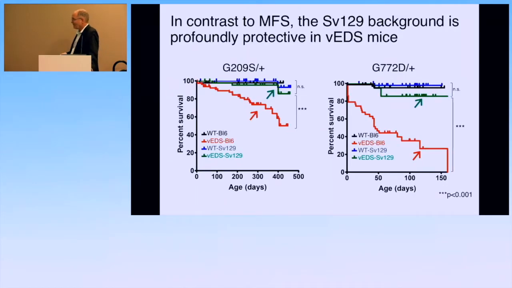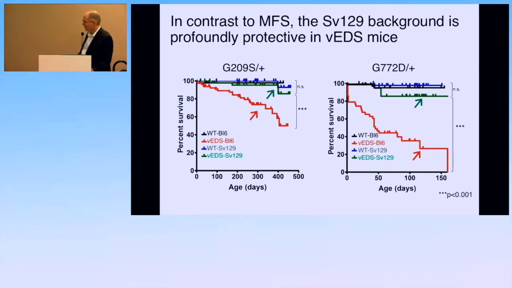And this is perhaps the finding that I'm most excited about. Now, it's confusing because it's different from Marfan syndrome, but in both the mild and severe vascular EDS mouse model, we find that the 129 mouse background, the one that made Marfan mice worse, actually leads to essentially complete protection from vascular disease in EDS.